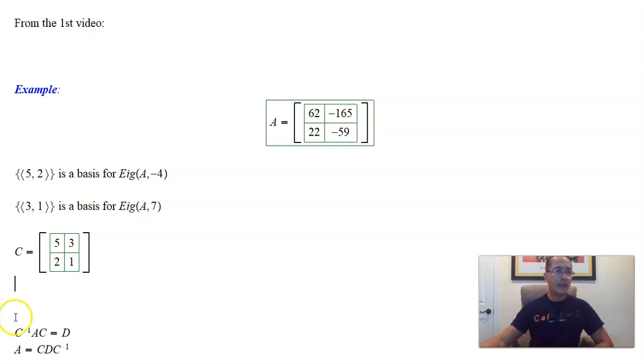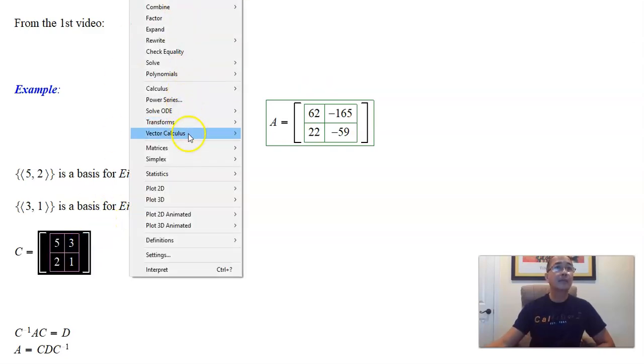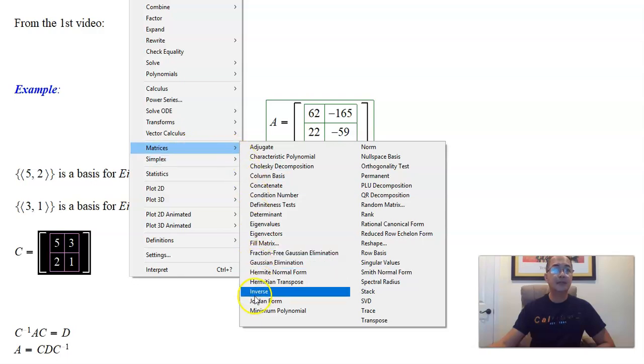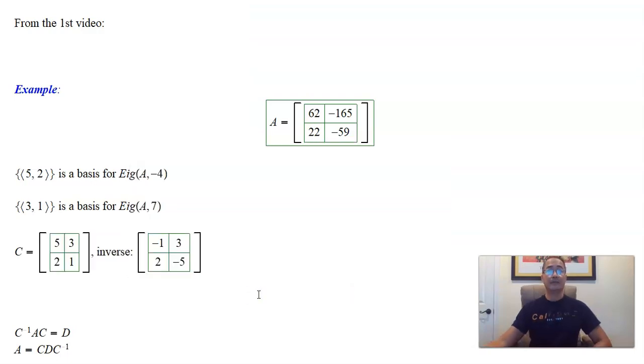Okay, so we need C inverse in both of these equations. So compute the matrix's inverse. This is a little unusual, right? The inverse does not have any fractions. And why is that? 5 times 1 minus 3 times 2, 5 minus 6, negative 1.